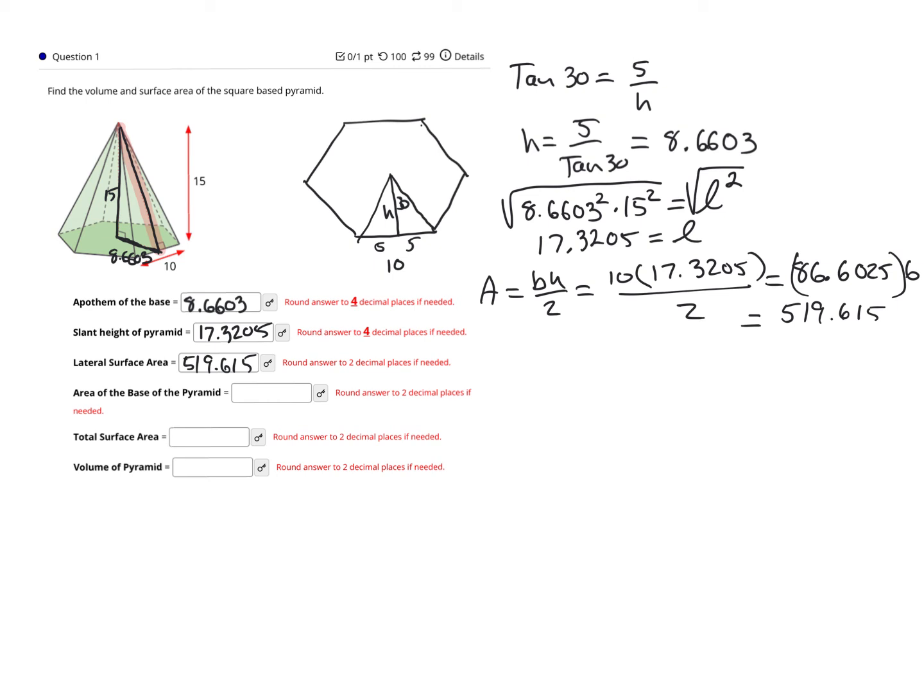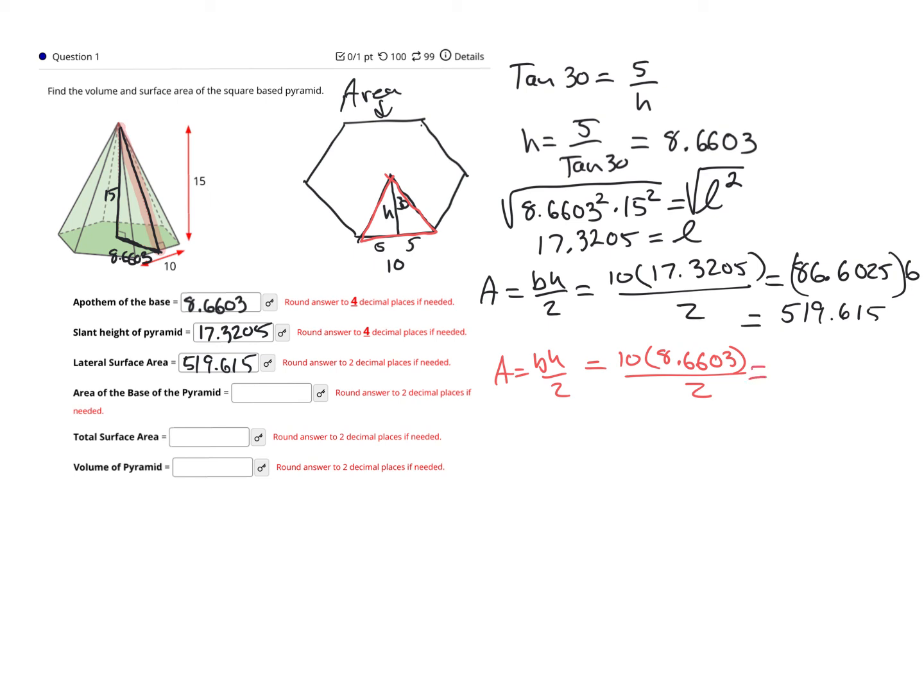Next one is the area of the base of the pyramid. If we go back to the apothem, now I need to find the area of this part here, which is the base that I drew right there. I need to find the area of one triangle. So area is going to equal base times height divided by 2. The base on that is 10. The height on that we found earlier, which was the length of the apothem, which is 8.6603, divided by 2.